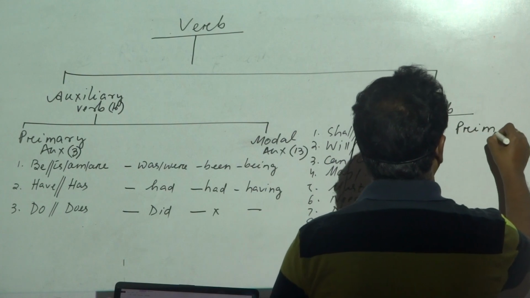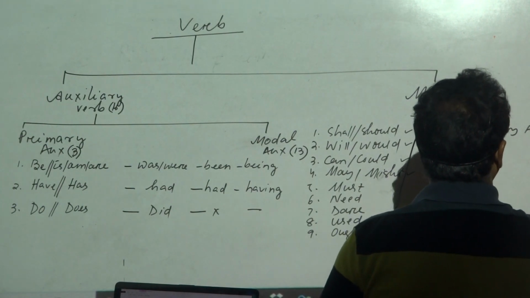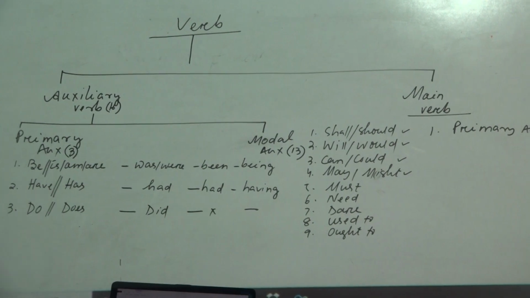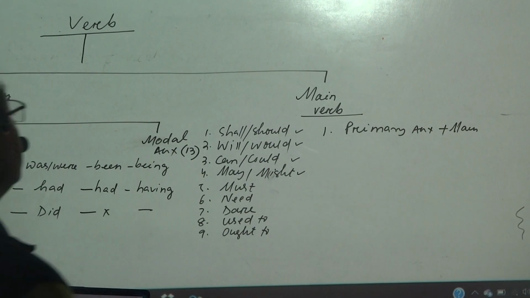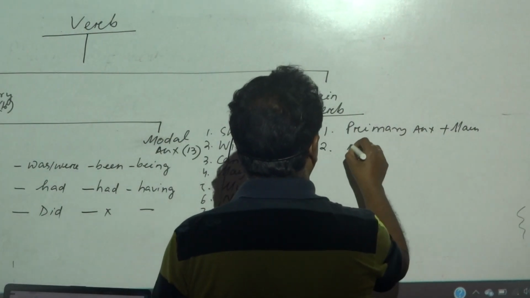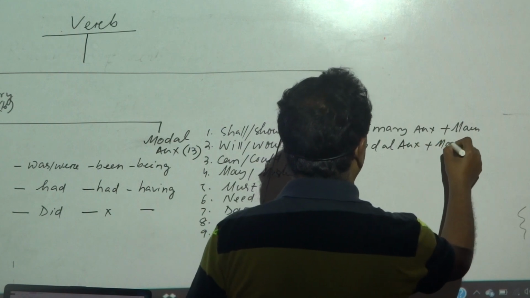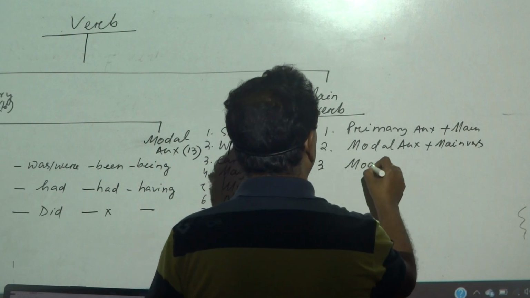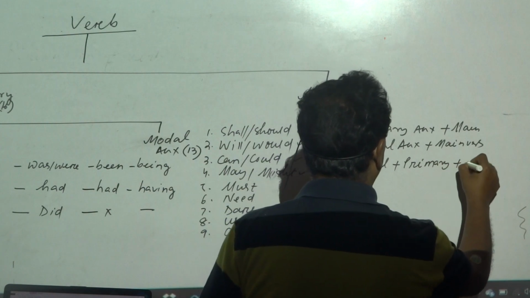Primary auxiliary plus main verb. Second one is modal auxiliary plus main verb. Third one is modal plus primary plus main verb.